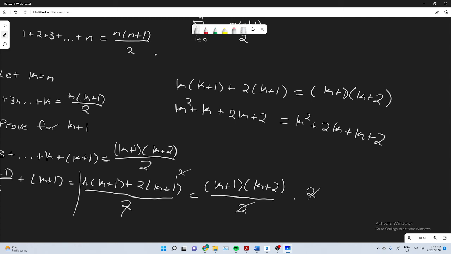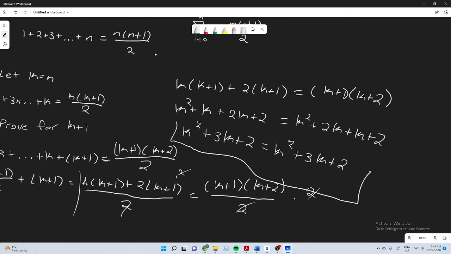Now I have k squared plus 3k plus 2 is going to be equal to, I'll add like terms here as well, k squared plus 3k plus 2, and we see that these are equal, okay?